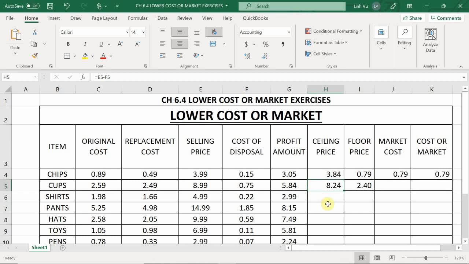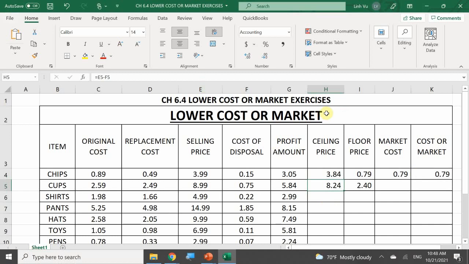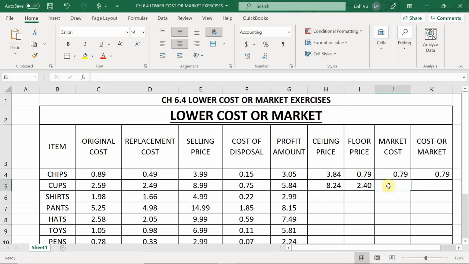Is it going to be my replacement cost of $2.49, or my floor price of $2.40? The floor is going to be the lowest. So my market is going to be $2.49, because that one is in the middle.